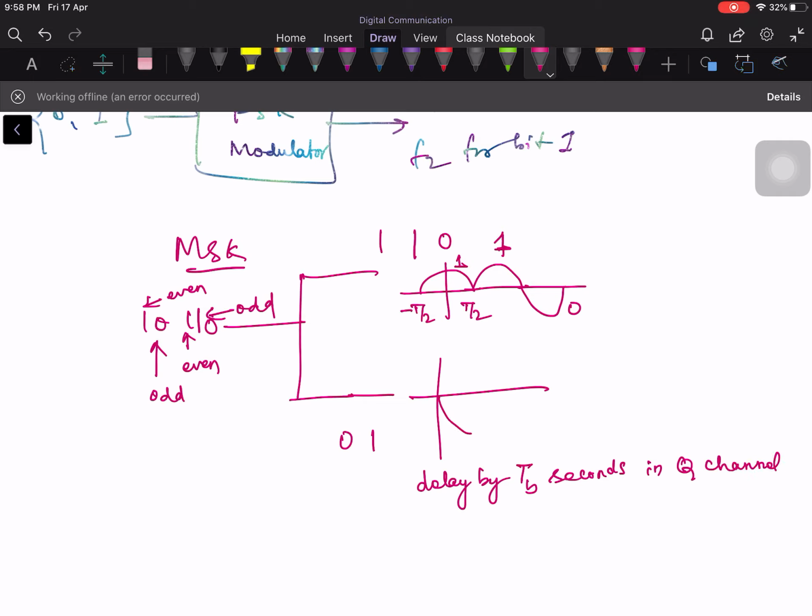Therefore you have the pulse like this, this is 0, and this is Tb by 2, then you have 1 like this, this point is Tb by 2, is it Tb by 2? No, it is Tb, I'm sorry.